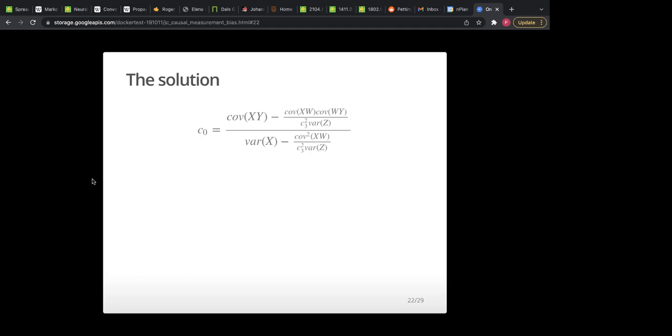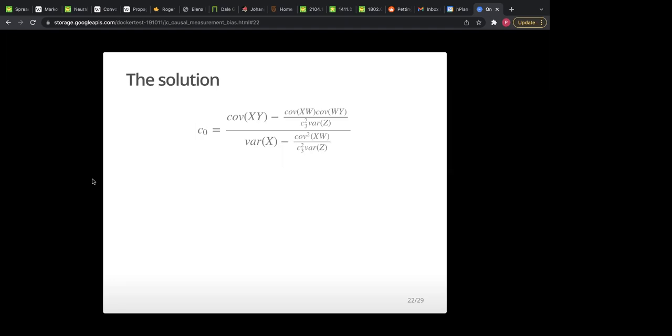Covariance of X and Y over variance of X. It's this C3 squared variance of Z that you still have to somehow infer. So that C3, if you remember, is how Z and W are related. So that would be the thing you would have to measure. And variance of Z is also something you would have to measure outside, in like a pilot study or a calibration study.